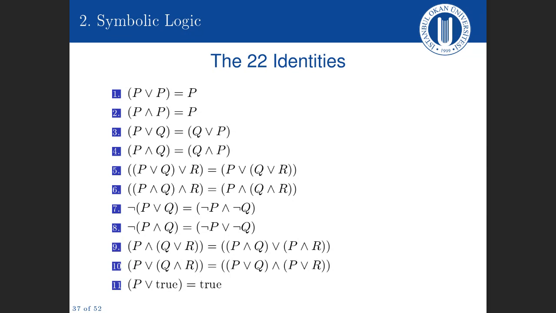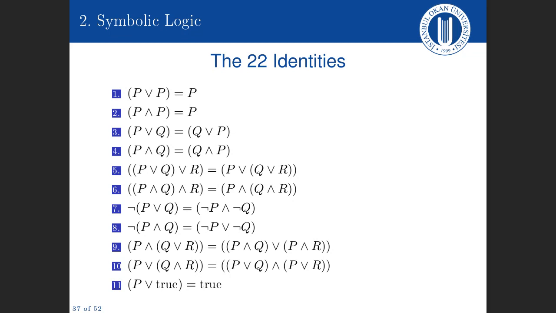P or Q is the same as Q or P. P and Q is the same as Q and P. If we have three propositions, P, Q, and R, P or Q or R is the same as P or Q or R. P and Q and R is the same as P and Q and R. Doesn't matter where we put our brackets.